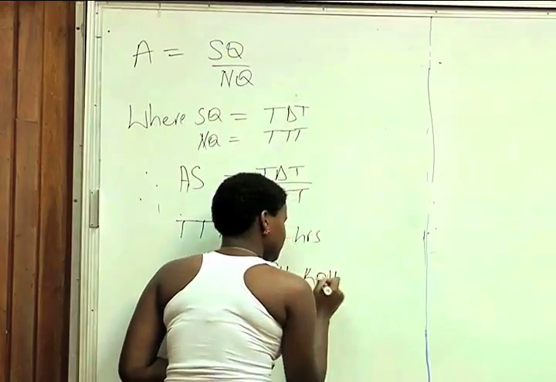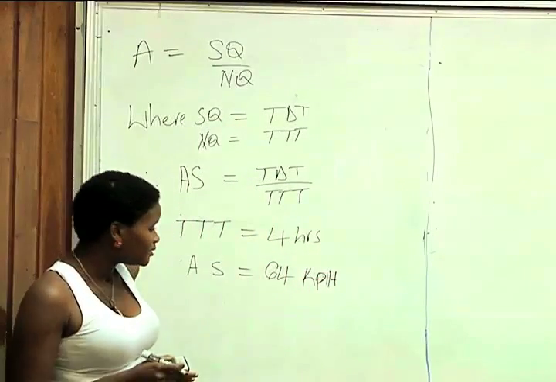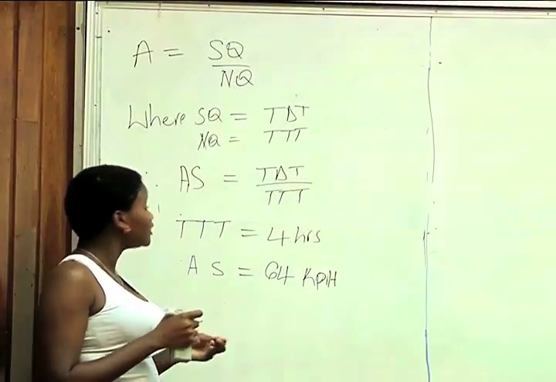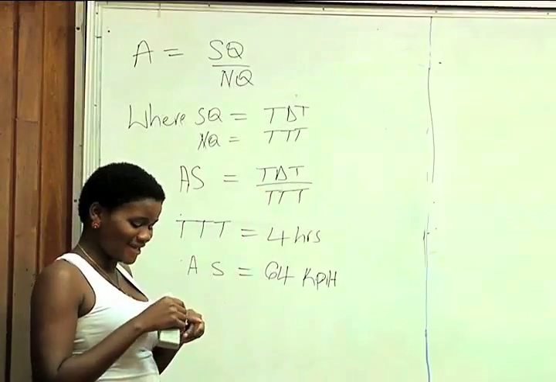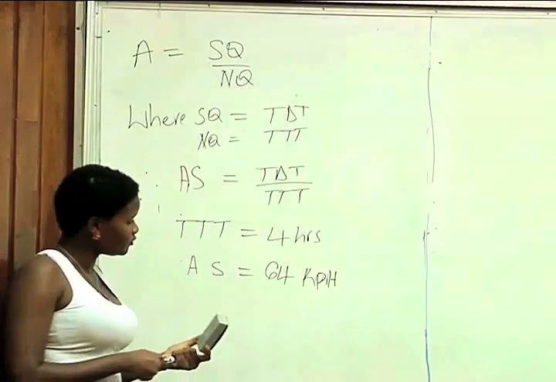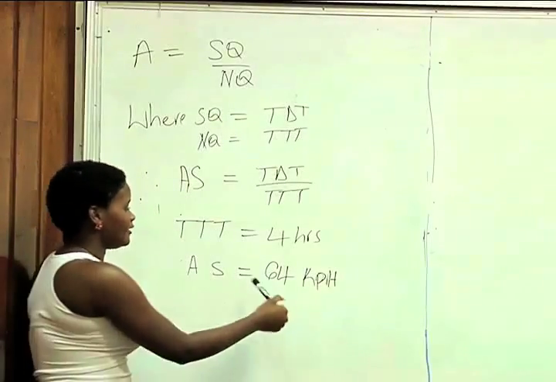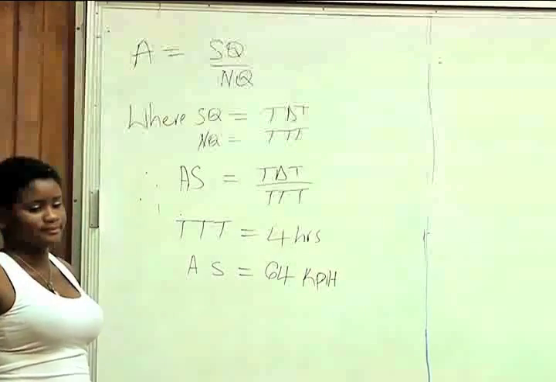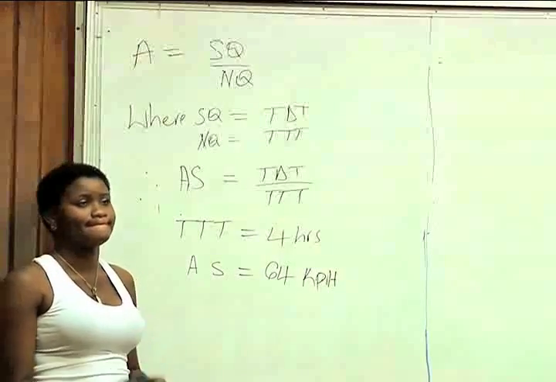All right. So what do we not know? We don't know the distance. So that means we have to calculate the distance to work it out. It tells us that for the first 2 hours, the average speed is 50 kilometers per hour.